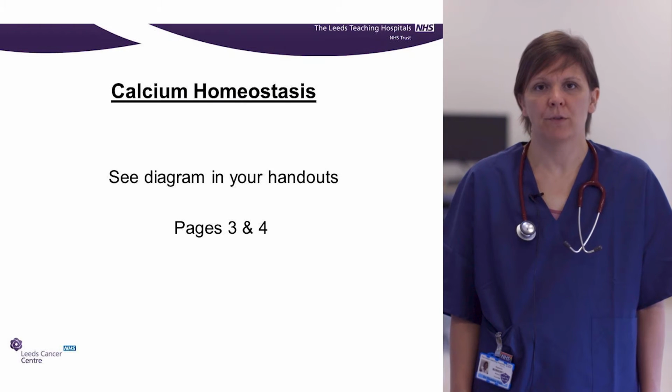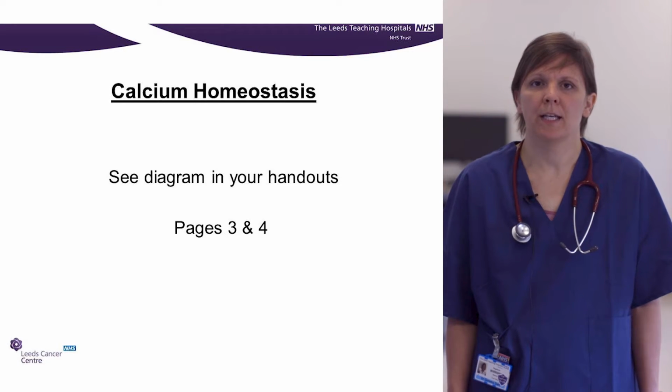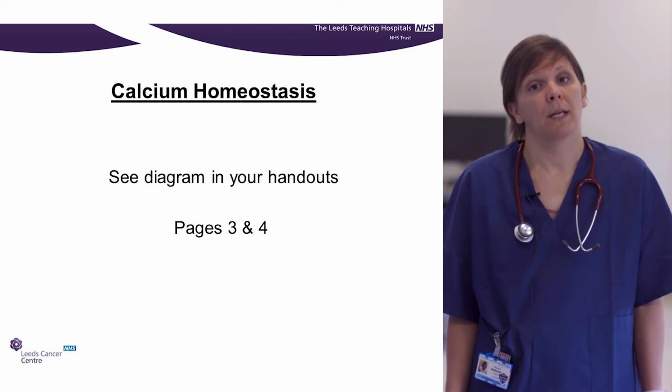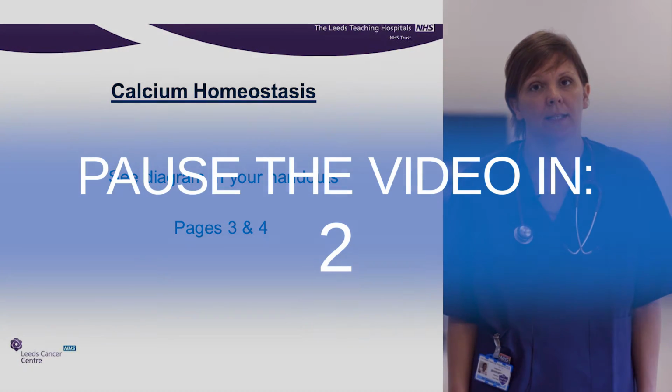In pages 3 and 4 of your handout, there is a diagram that outlines normal calcium homeostasis. I would just like you to take a minute, so pause the video, and from memory jot down what is the normal calcium homeostasis, and then we will go through that in a little bit more detail in a moment.